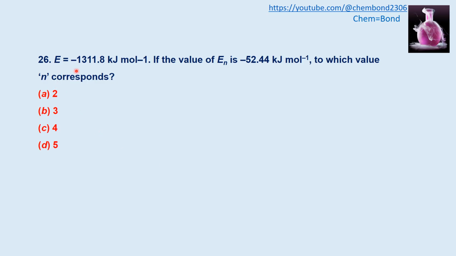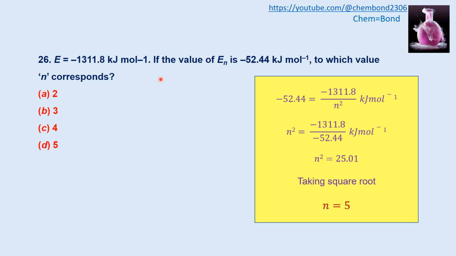E is equal to minus 1311.8 kilojoule per mole. If the value of En is minus 52.44 kilojoule per mole, to which value of n does it correspond? 2, 3, 4 or 5. The energy value is given, so we will find the number of the orbit, whether it is 2, 3, 4 or 5. The formula will be the same, we will just arrange it.